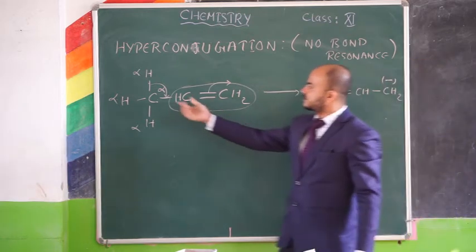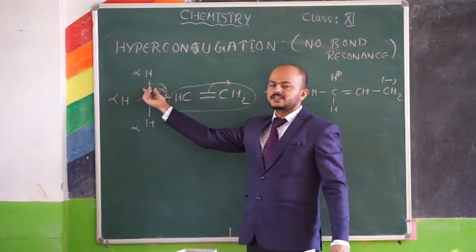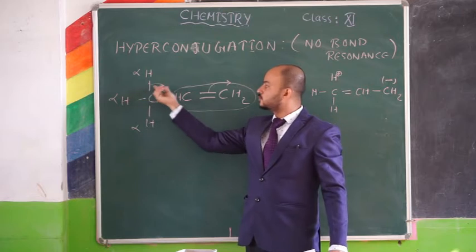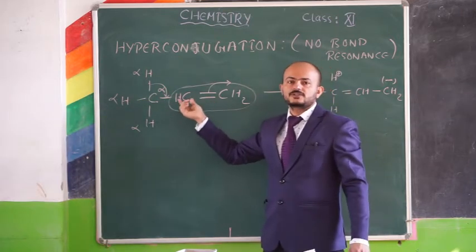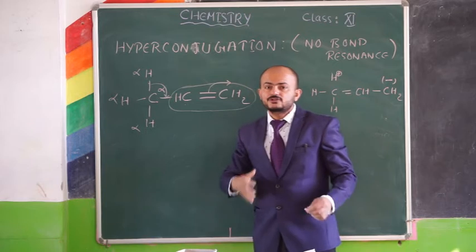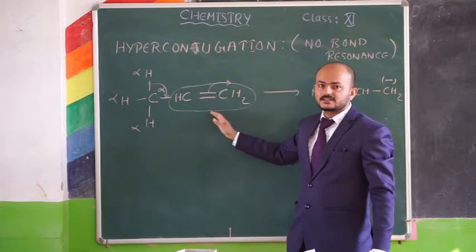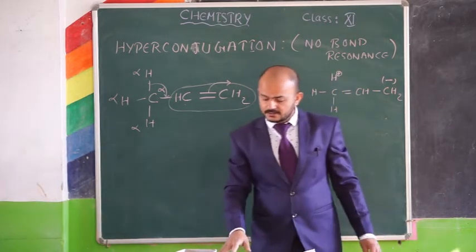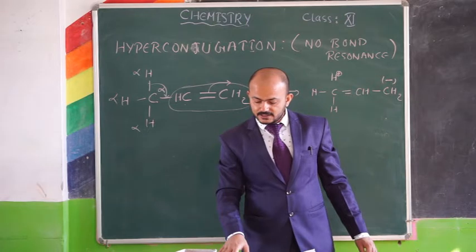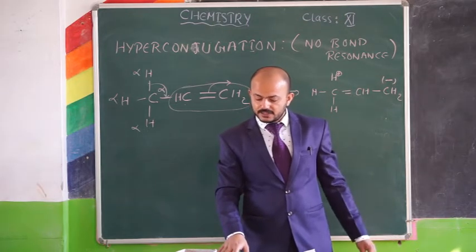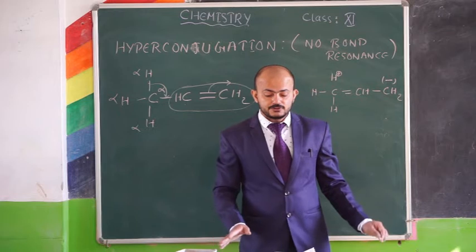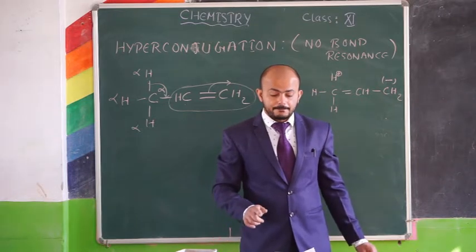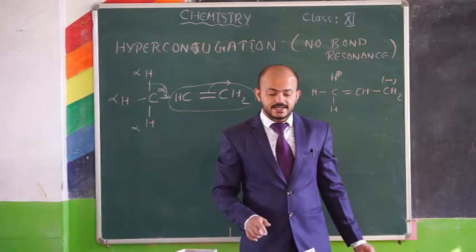Now such effects where a sigma bond takes part in conjugation with the pi bond are known as hyperconjugation. Hyperconjugation is said to have taken place in such cases. This is also called no bond resonance, and it has another name also, the Baker-Nathan effect. Now the definition is that hyperconjugation is an interaction between a p orbital and an adjacent CH sigma bond.